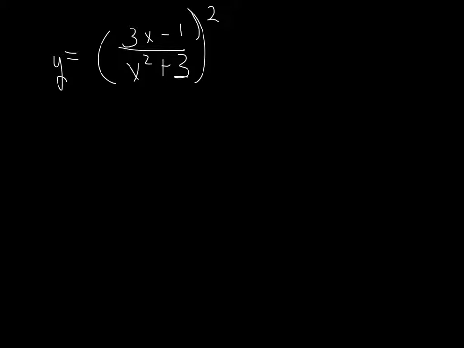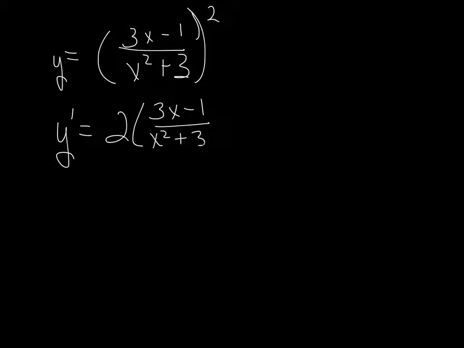Because when we take the derivative, it's going to be 2 times (3x minus 1 over x squared plus 3) to the first power times the derivative of (3x minus 1 over x squared plus 3).